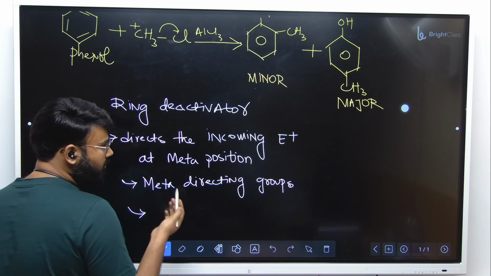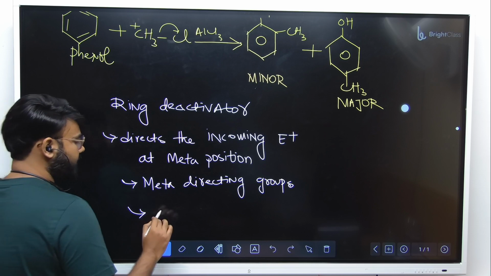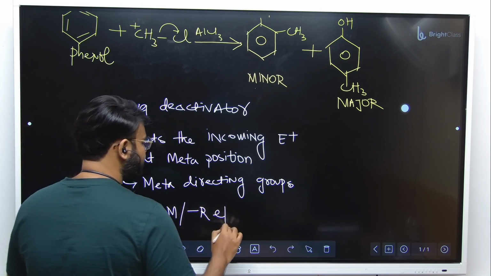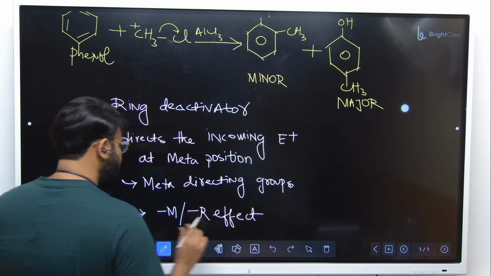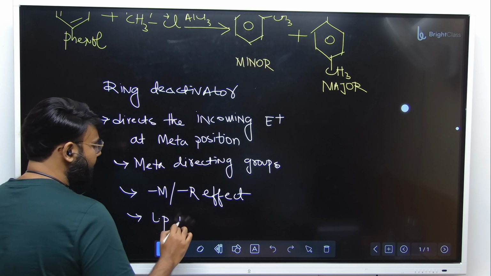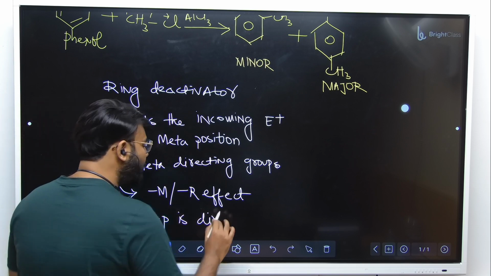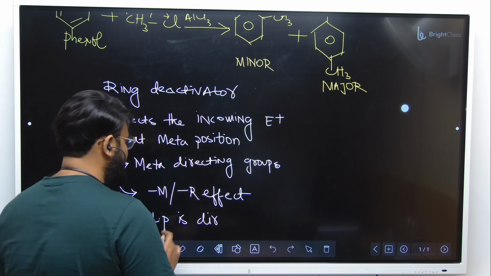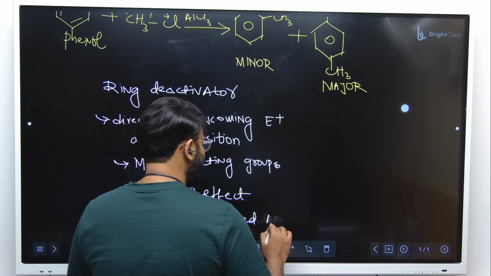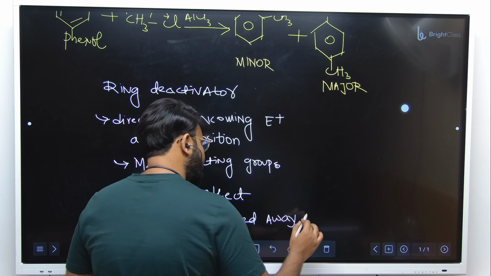Now write down more about them: they show a minus M or minus R effect. Means in this case, you will see the lone pair is directed not towards the ring but away from the ring.